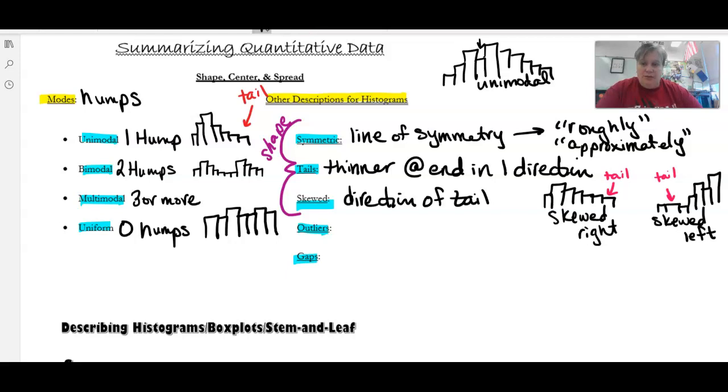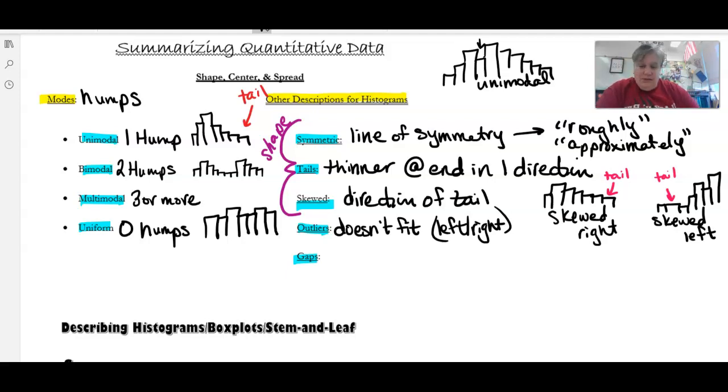All right, the next two terms we have are outlier and gaps. An outlier is something that just doesn't fit, and it's always to the left or right. We learned how to find outliers on box plots because outliers were outside of the fences. But for histograms, you won't always see them. You're going to say there's a possible outlier.